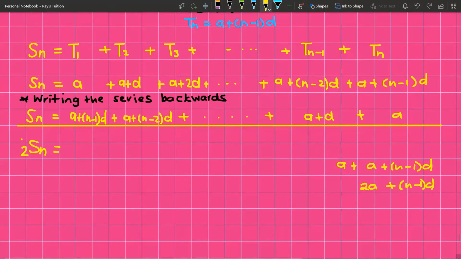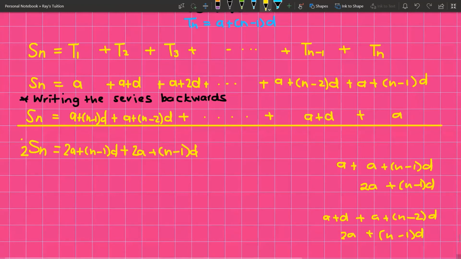Then a plus d plus a plus n minus 2 times d: we have again 2a, and the d plus n minus 2 d's is n minus 1 d. So again, we get 2a plus n minus 1 times d.